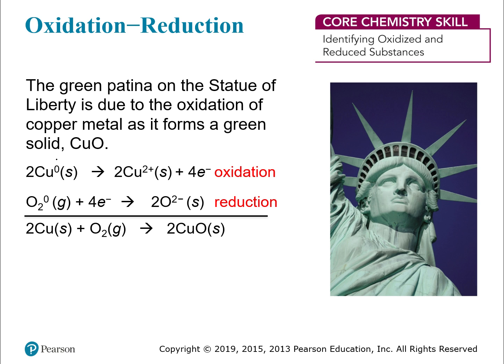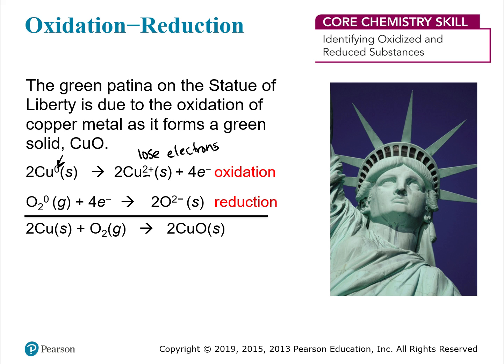In this reaction, we've got copper and we've got oxygen gas. The copper, when it's a solid, you'll notice here there's a 0. That just means that it's neutral, so it's no charge. But it's oxidized, so it now loses 2 electrons. Loses electrons.